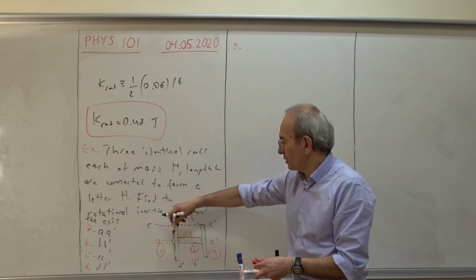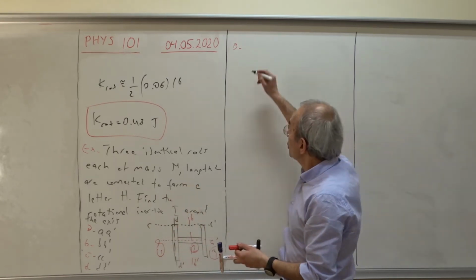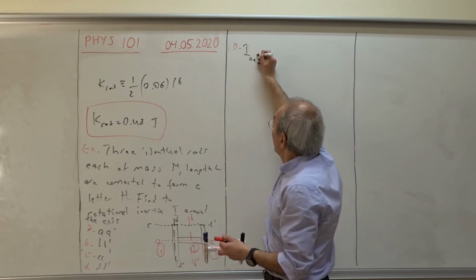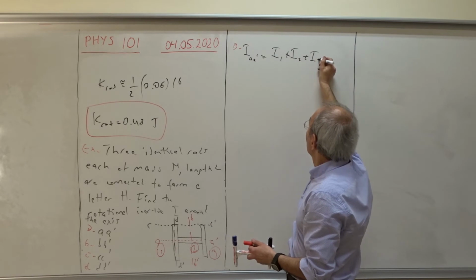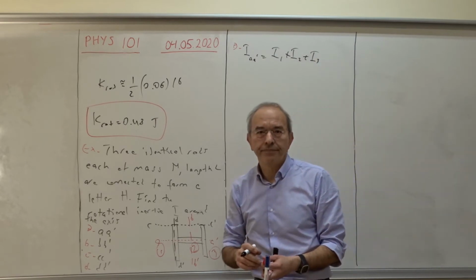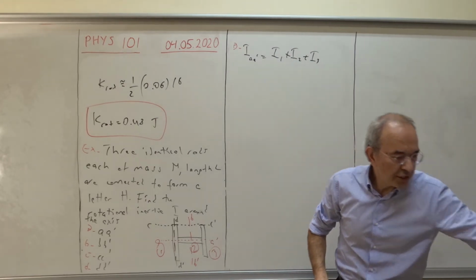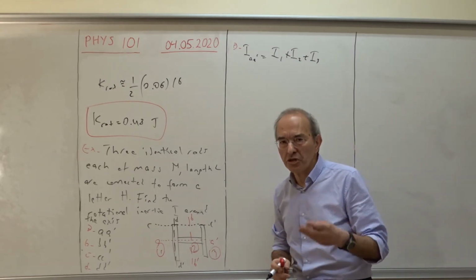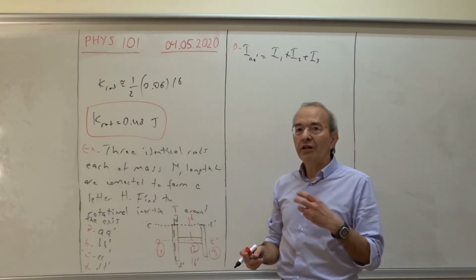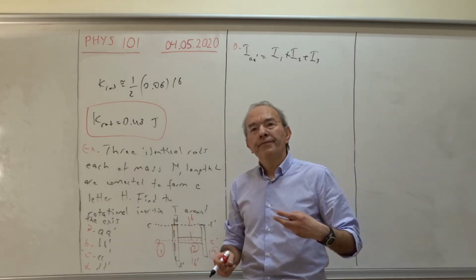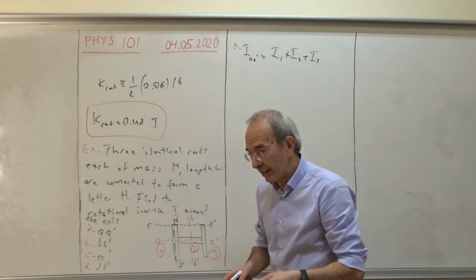The vertical ones are 1 and 3, the horizontal one, let's say 2. So in each case, say AA prime, of course I1 plus I2 plus I3. All three will be added. But in some calculations, some terms will be 0, or will be taken to be 0, and some of them will have more than the center of mass value, because of the parallel axis theorem.